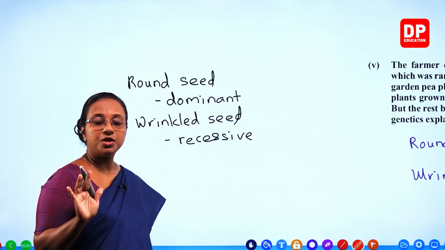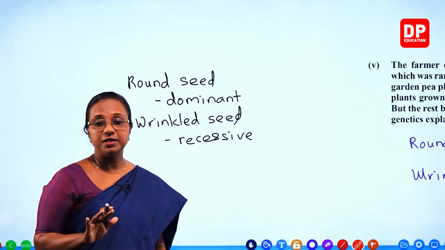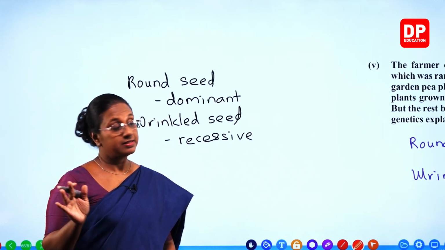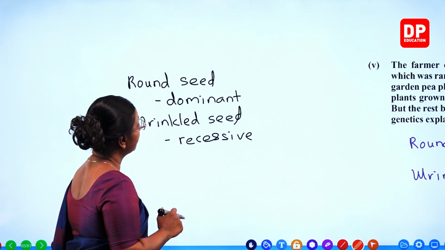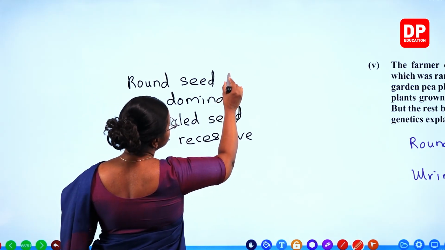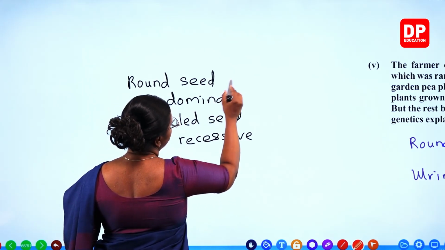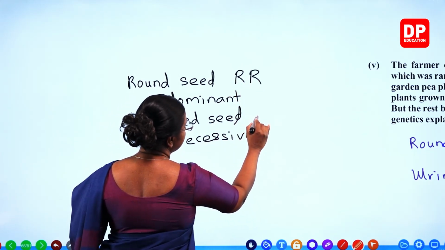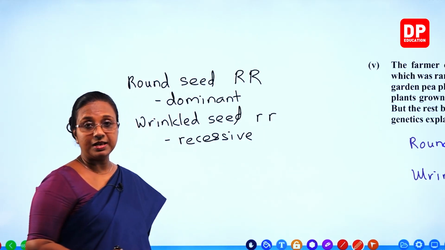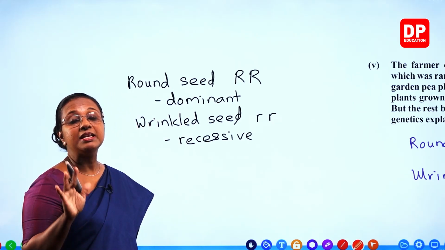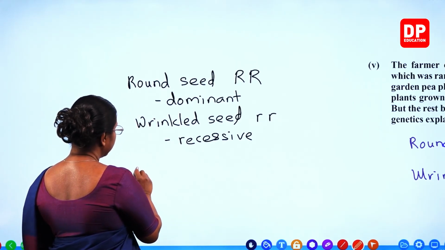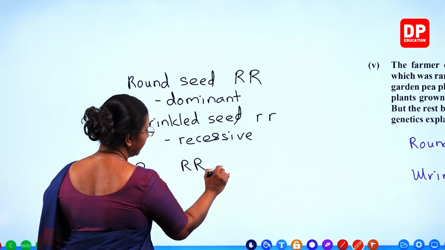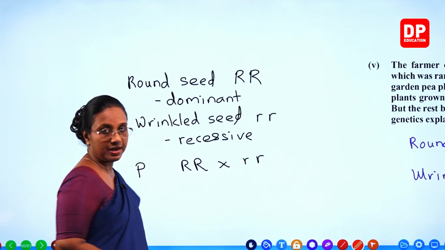So what happens? Normally when you have a monohybrid cross, initially we take the pure breed plants as the parents. Now here, since round seed is the dominant character, what is the gene combination, genotype? That is going to be capital R. Whereas wrinkle seed will be simple r. So in a Mendel's monohybrid cross, initially the parents will be capital R capital R and simple r simple r.